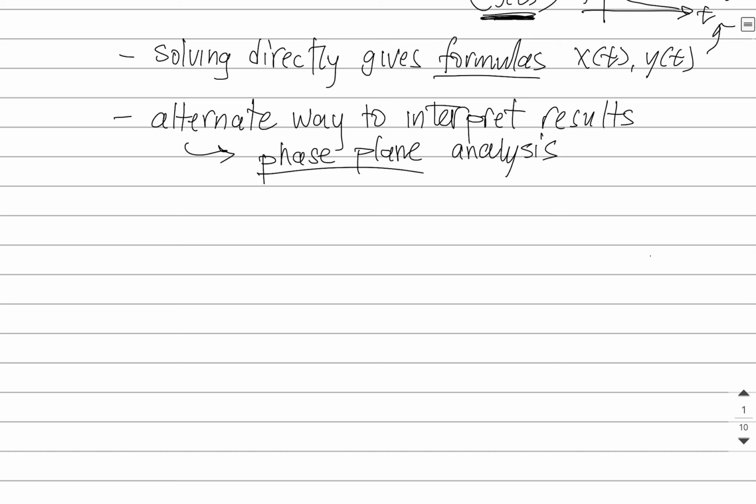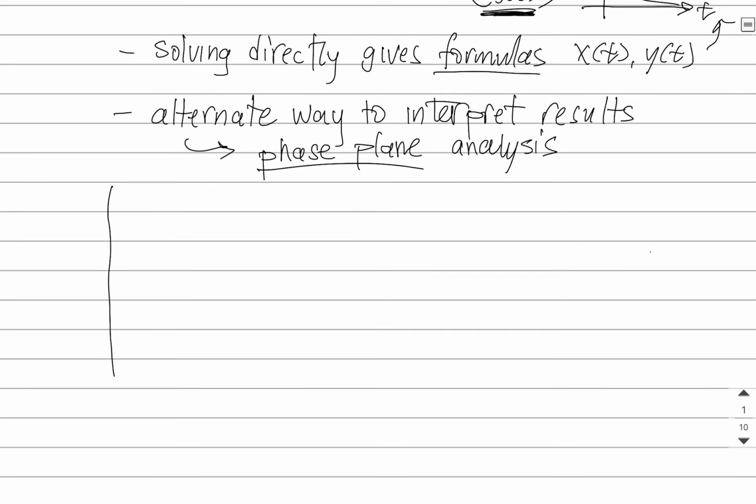Now, what is the phase plane? So the phase plane essentially says in a 2x2 system, don't look at x of t and y of t separately, but instead look at them together in the same plane and see what the relationship is. We are going to take both x of t and y of t as components or points in a plane.